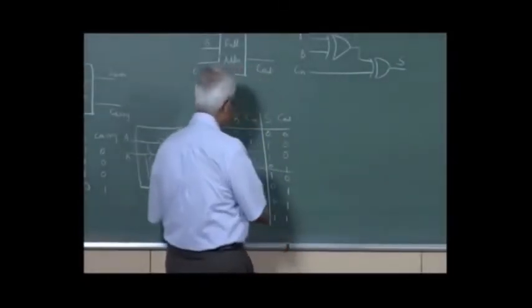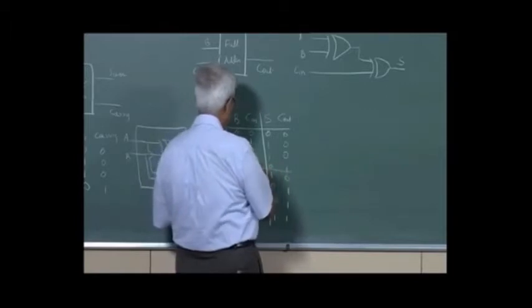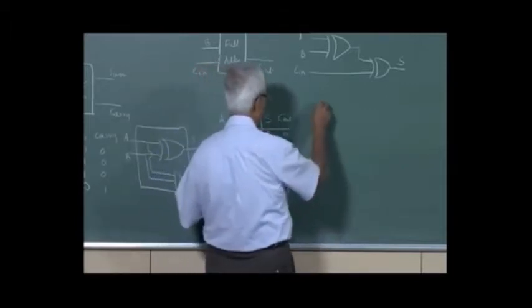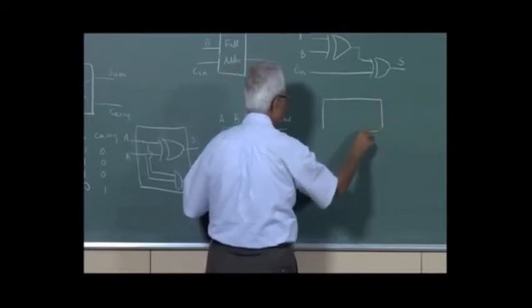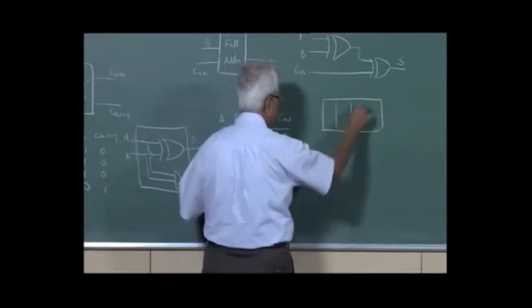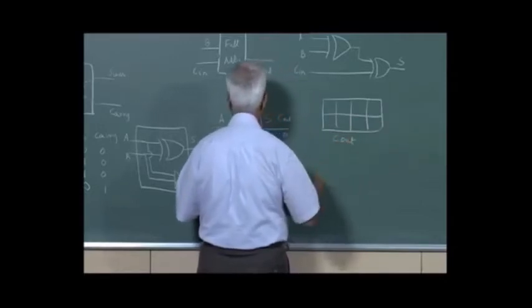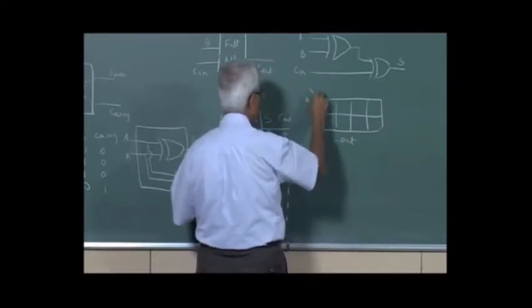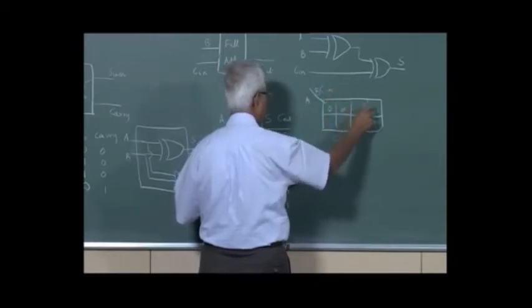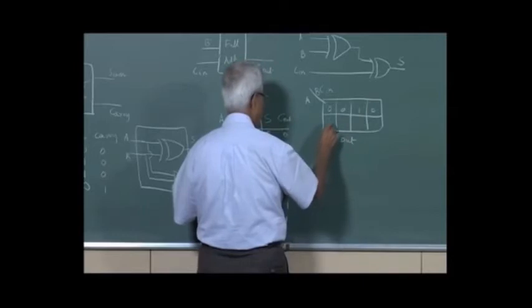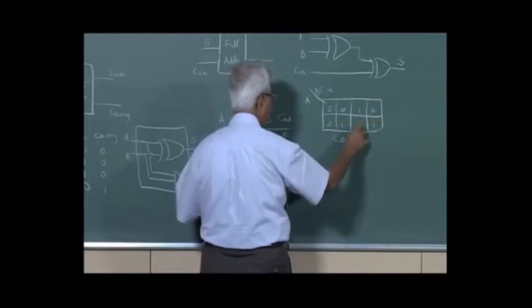And carry out is a very simple equation. I can draw the K map for the carry out. This is 0, 0, 0, 1, 0, 1, 1, 1.